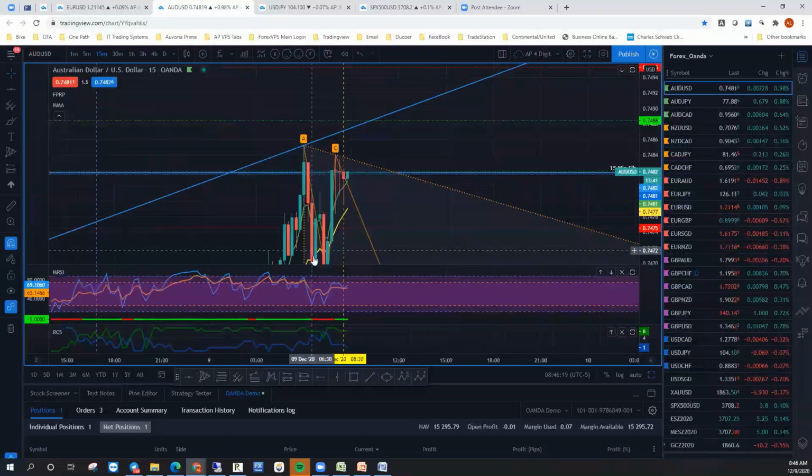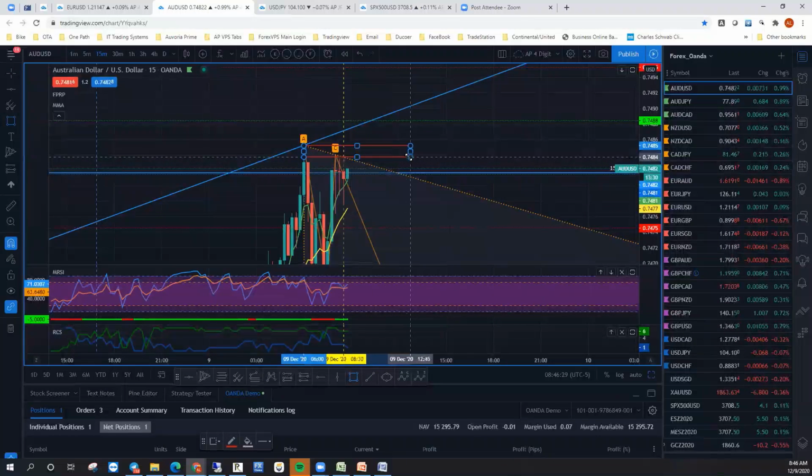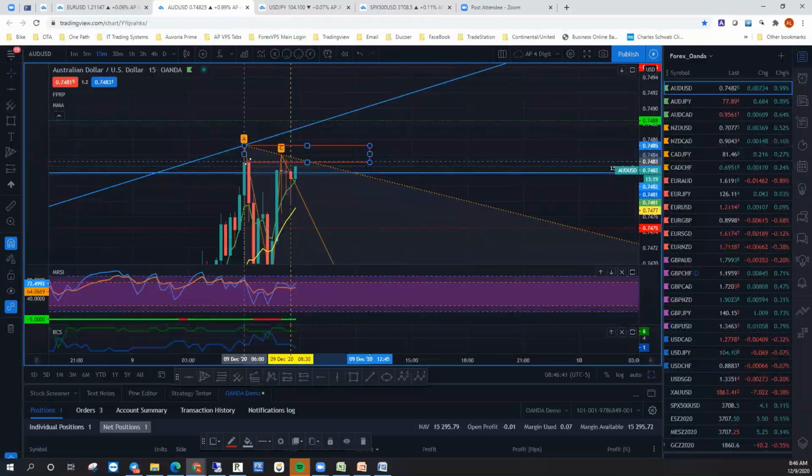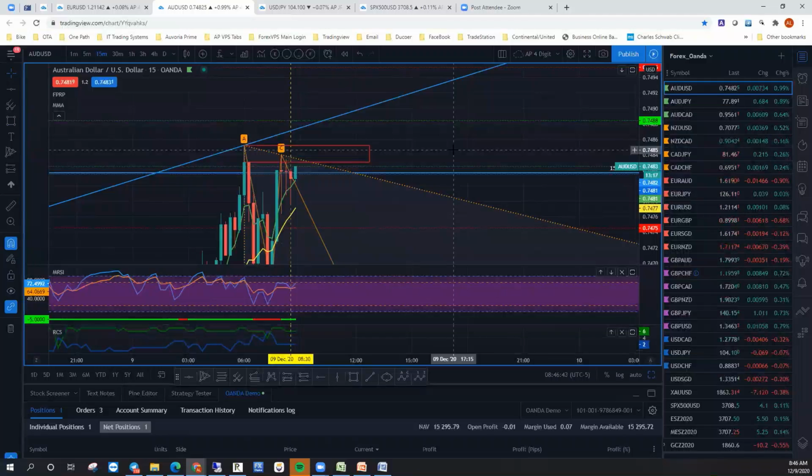Here's a high, came back down. Here's a lower high. It's retesting this area. And we'll see what it does.